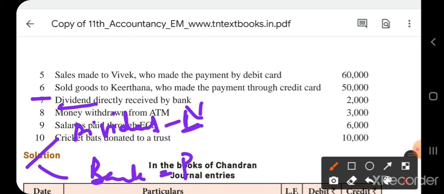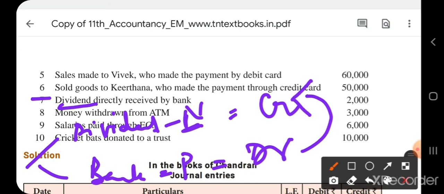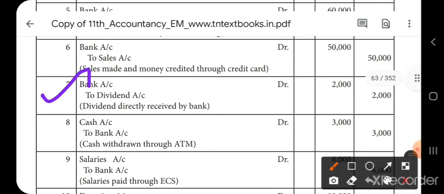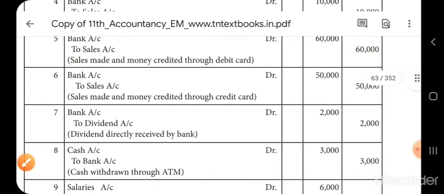Here dividend received means it is an income, so you credit. Debit the receiver. Who's the receiver? The dividend is directly received by the bank. It is credited in his account. So debit the receiver, the bank is the receiver. The entry is bank account debtor to dividend account.